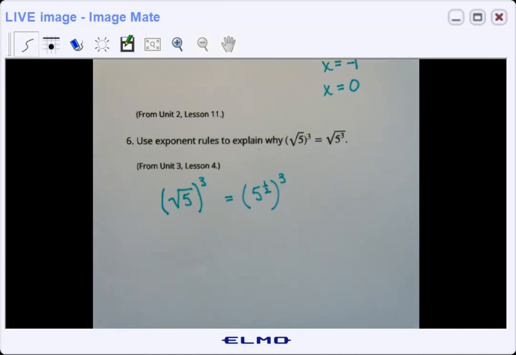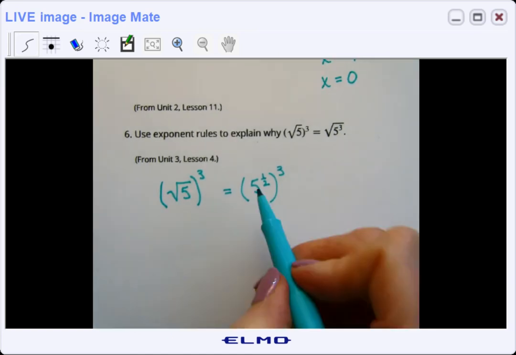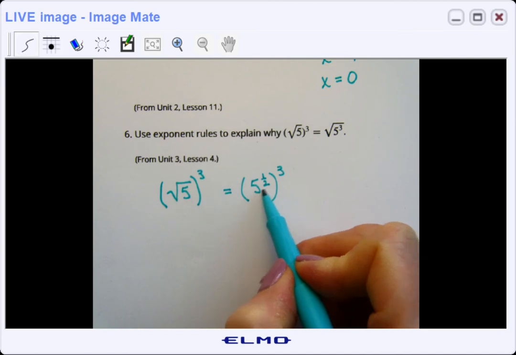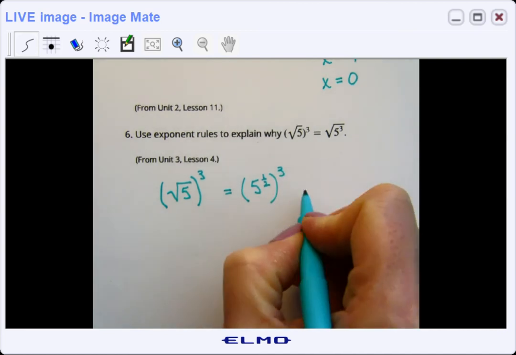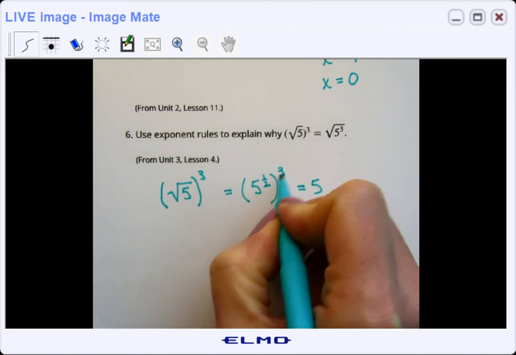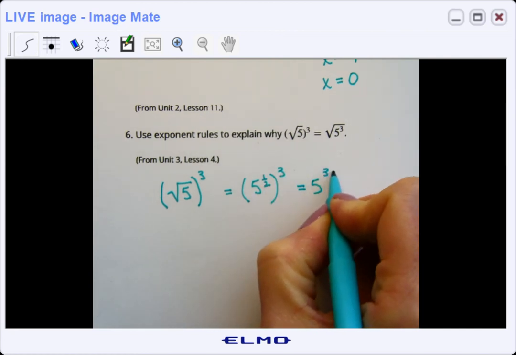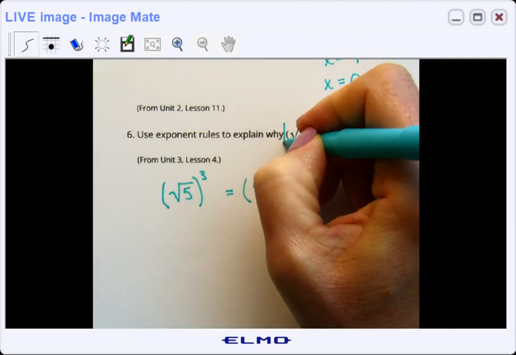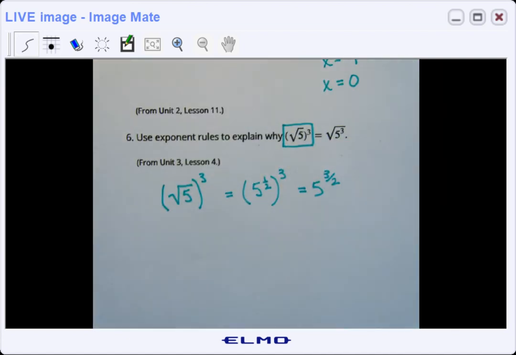And now I can use the power to a power property of exponents: when you raise a power to a power, the base stays the same and you multiply the exponents. So then this is equal to 5 to the 1/2 times 3, which is 3/2. Okay, so I'll color code this. That was the work on that expression.